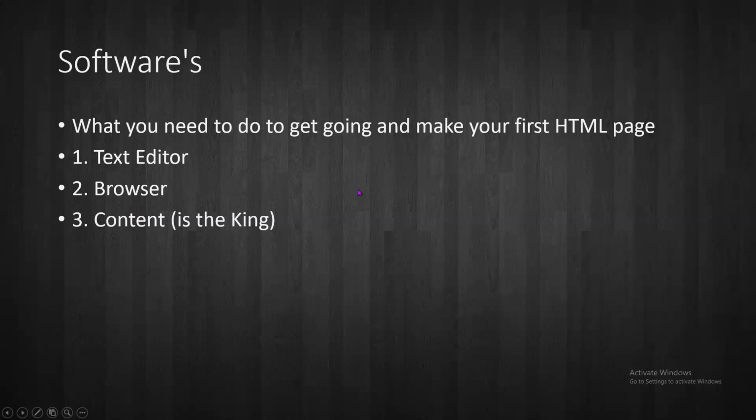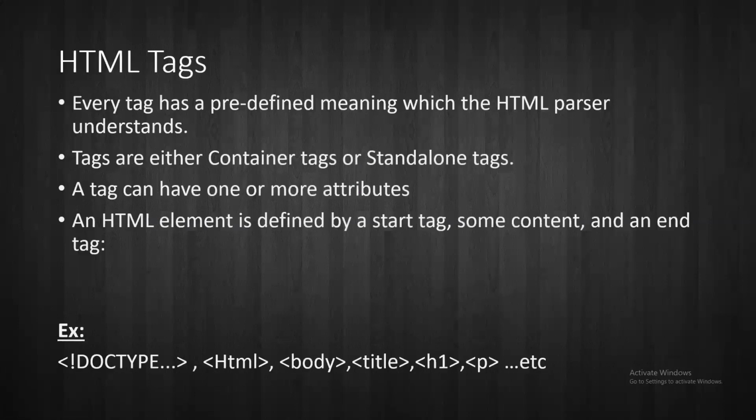Next, what are HTML tags? Every HTML tag has some predefined meaning which the HTML parser can understand. These HTML tags may be container tags or standalone tags. I will discuss what this is. And a tag can have more than one attribute, and those attributes give more information about the tag.